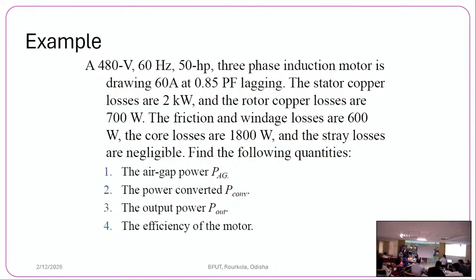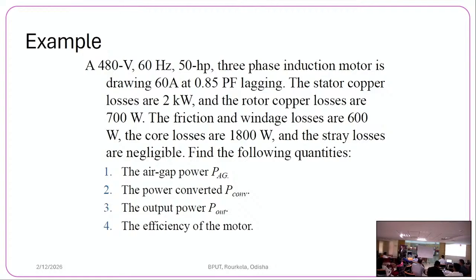Out of that, the rotor core loss is negligible because core loss depends on frequency and flux. In the rotor, the frequency is very low: slip times the supply frequency. Say supply frequency is 50 hertz. Stator core loss depends upon 50 hertz, but slip is hardly 5%.